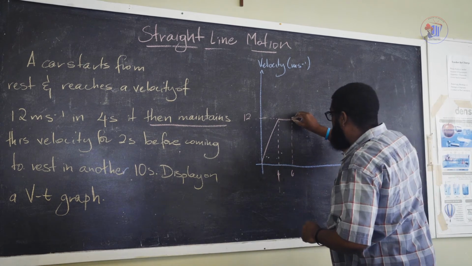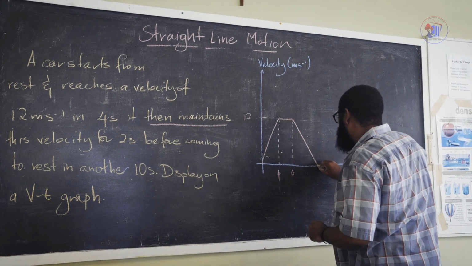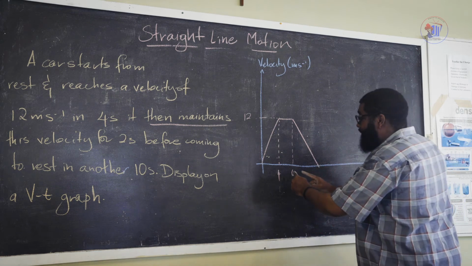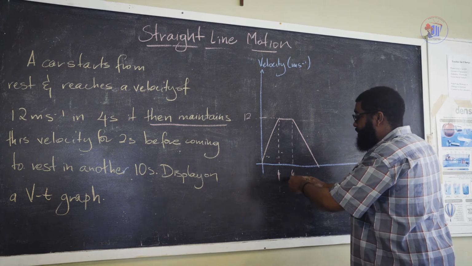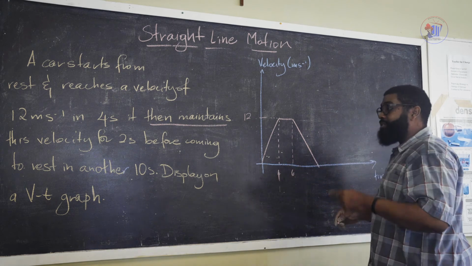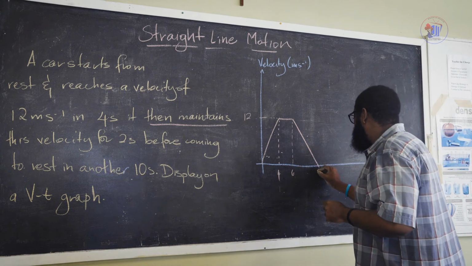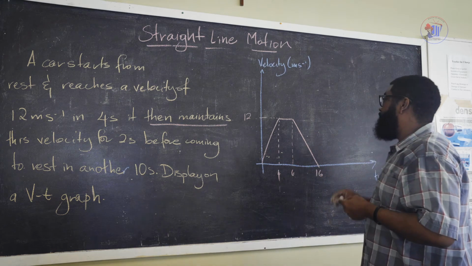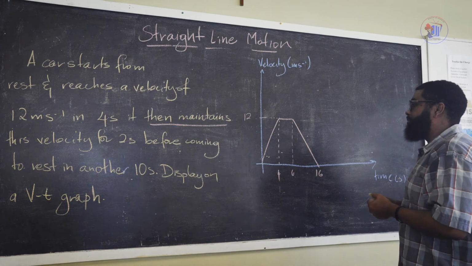So basically this line goes back to the x-axis, and the time taken to come to rest is measured from 6 seconds, not from the start, not from 4, from 6 seconds, and it's another 10. So 6 and 10, 16 seconds. And this is our velocity time graph.